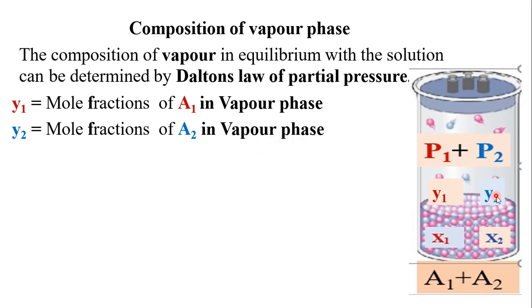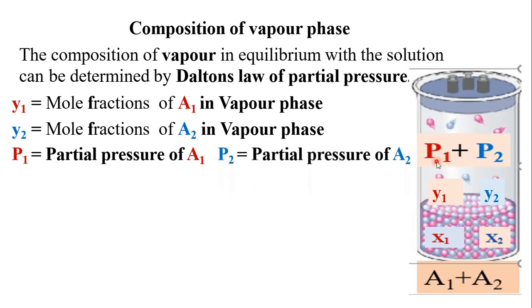Vapor phase मध्ये त्याचं मोल फ्रॅक्शन किती आहे? Y2 एवढं आहे. लिक्विड फेज मध्ये किती आहे? X2 आहे. Then P1 is the partial pressure of A1, and P2 is the partial pressure of A2. Then according to Dalton's law, P1, that is the partial pressure of A1, is equal to Y1, the mole fraction of A1 in vapor phase, into the total vapor pressure of the mixture, that means the total vapor pressure of the solution.